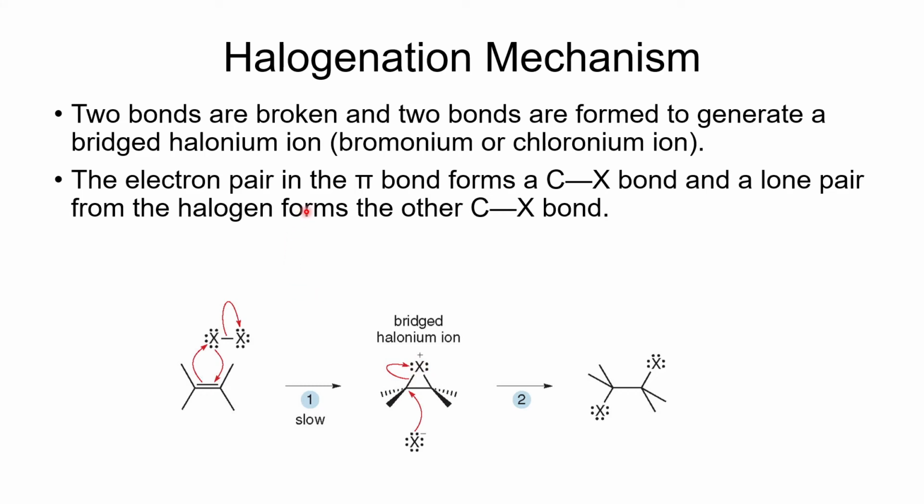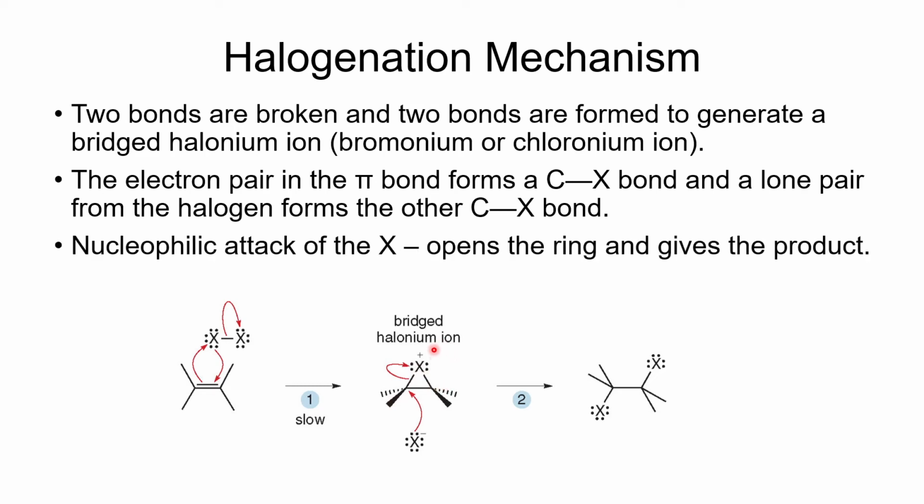All right. The electron pair that is in the pi bond will form the carbon halogen bond, so it'll form this bond, and then one of the pairs of electrons from the halogen will form the other carbon halogen bond. Then we're going to get nucleophilic attack of the halide.